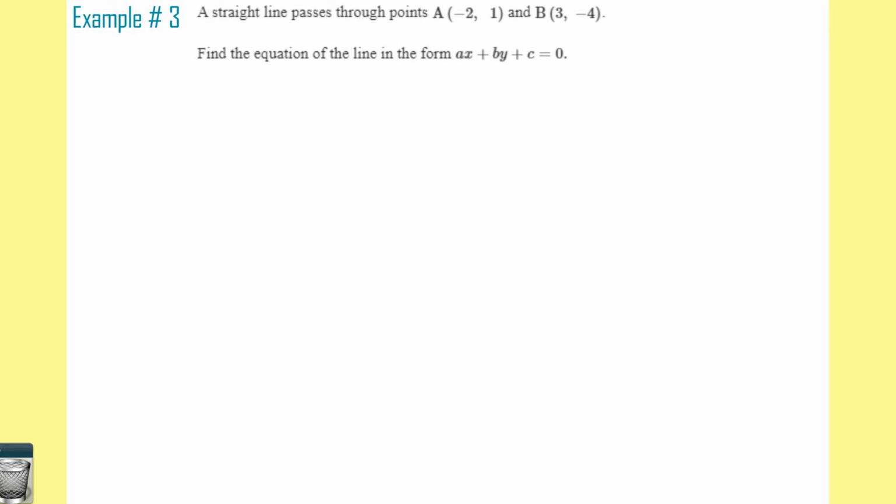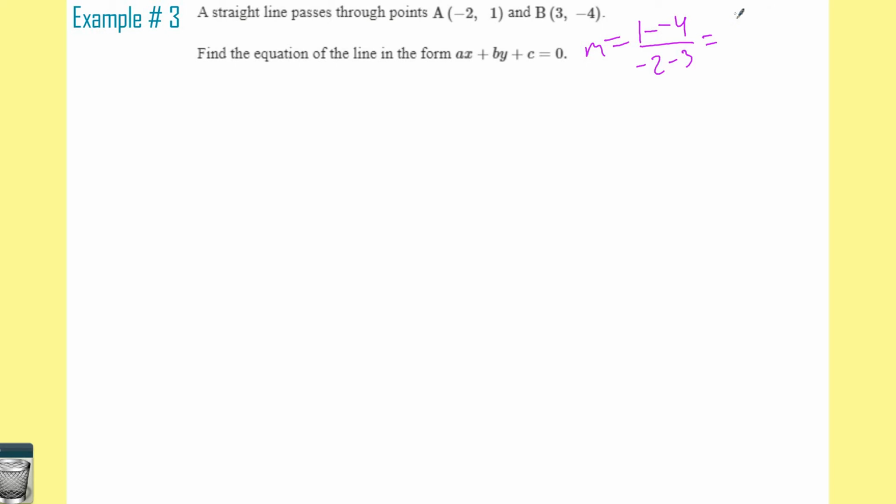All right, example 3. A straight line passes through these points. Find the equation of the line in that form. So again, we can't just have x and y's. We need our slope. So I'm going to do 1 minus negative 4 and then negative 2 minus 3.